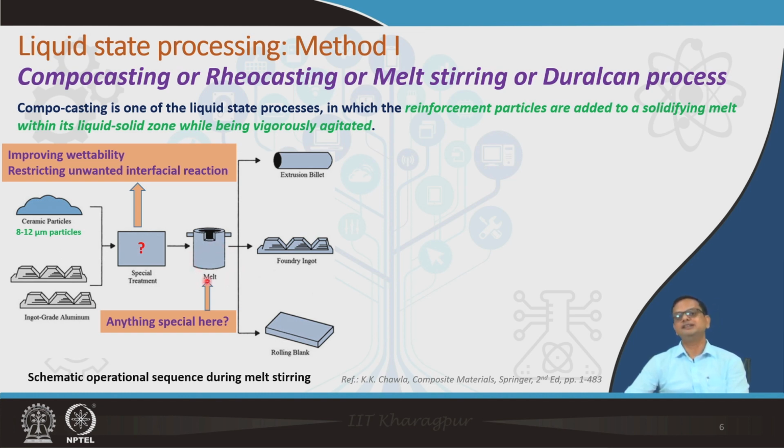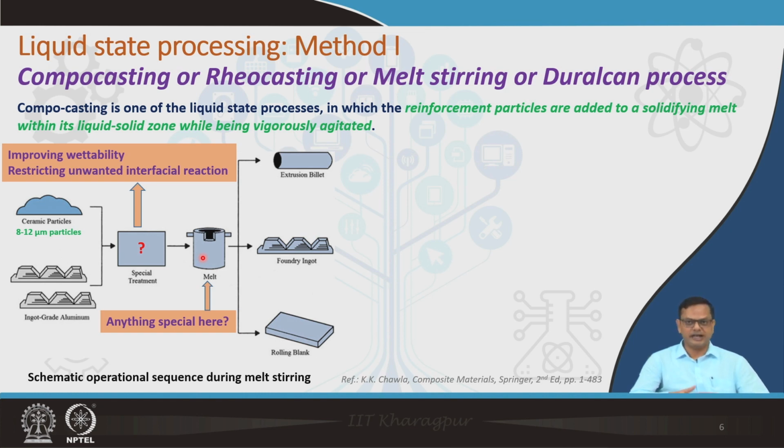Why is this required? Why is the stirring required? That is to avoid any macro segregation of the ceramic particles. As we all understand, ceramic particles have low density, so when you put them in a liquid metal or alloy, they try to float above the surface.